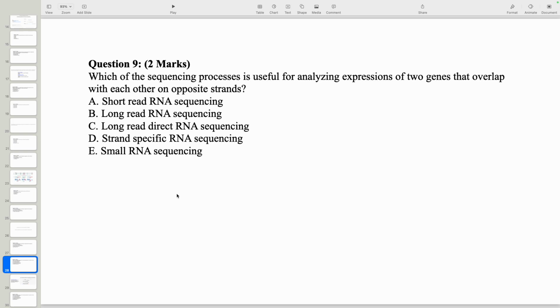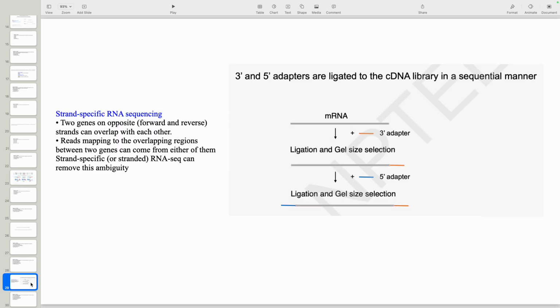A false signal can come, because the read can overlap between these two different genes, and we can over-quantify a read.